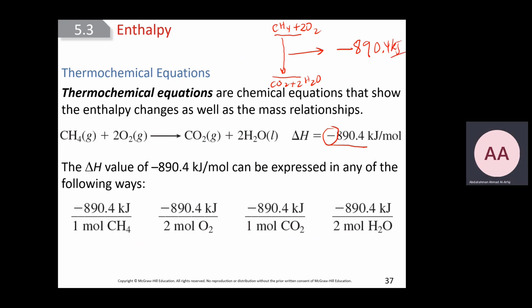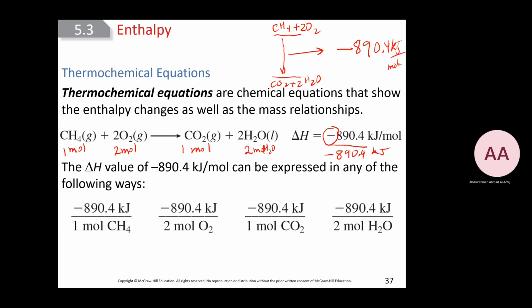per mole. And I can relate this now. This means 1 mole of this one will need 2 mole of this one to give 1 mole of this one and 2 mole H2O, and the heat will be minus 890.4 kilojoule.